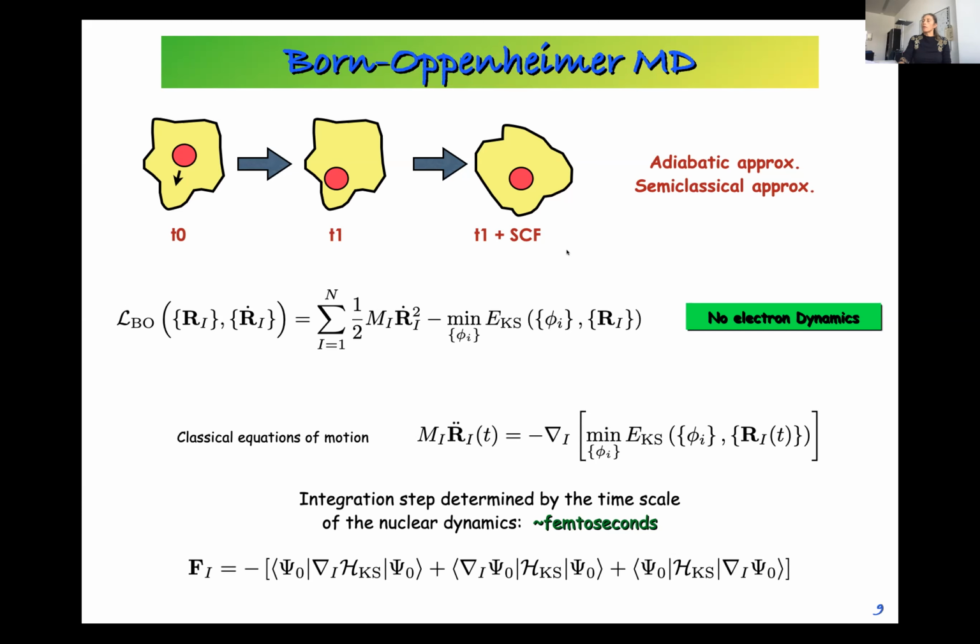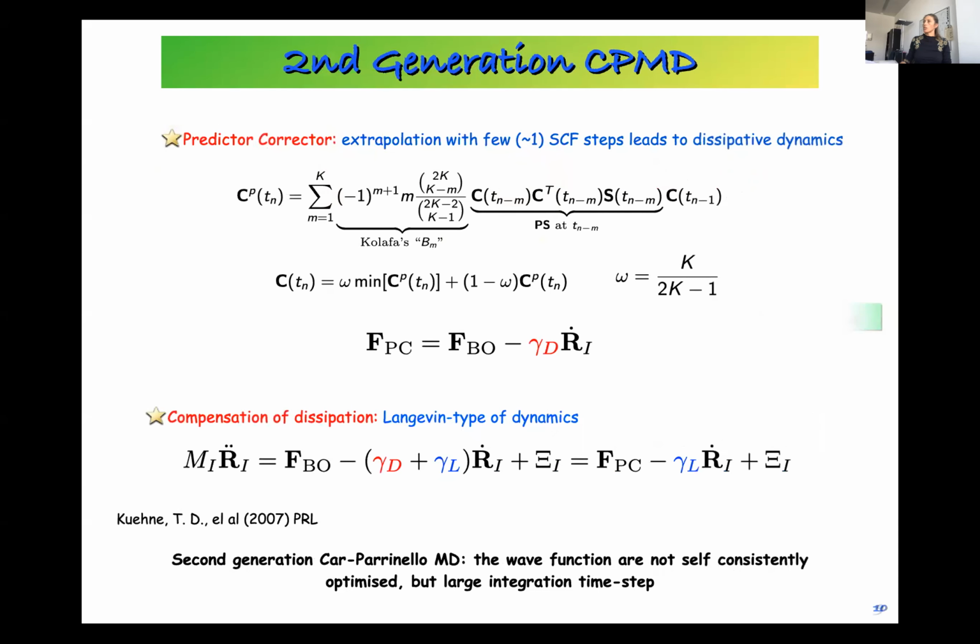The difference for the second generation Car-Parrinello method is that there is first a prediction of the next electronic structure, the coefficients multiplying the basis set functions, from the previous state. So you have a prediction step.